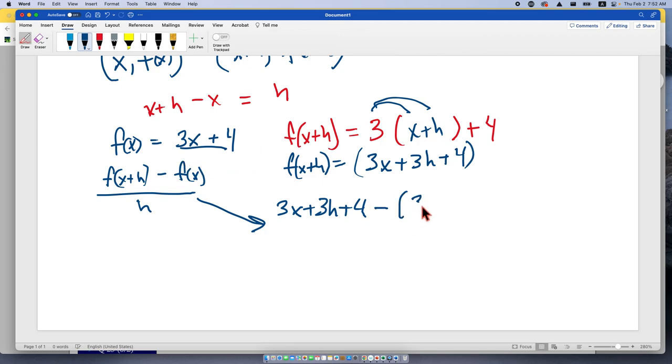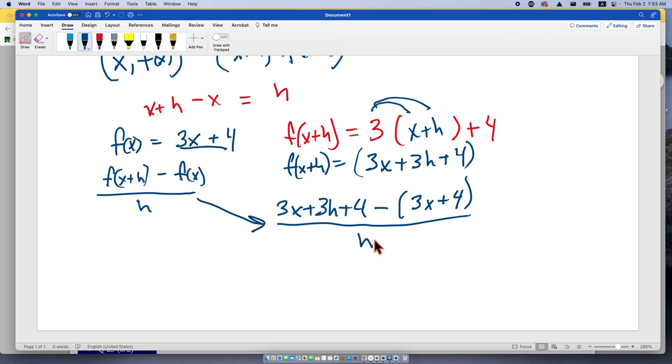But remember, we're subtracting the whole thing. So what is 4 going to become? It's going to become minus 4. We have to distribute. So forgetting to distribute is the biggest problem. It seems like a little thing, because I just didn't get the negative on the 4, but it makes a big difference. Okay, so then, and this is still all over h.